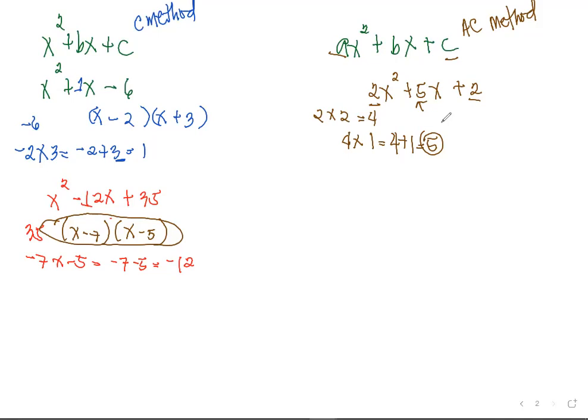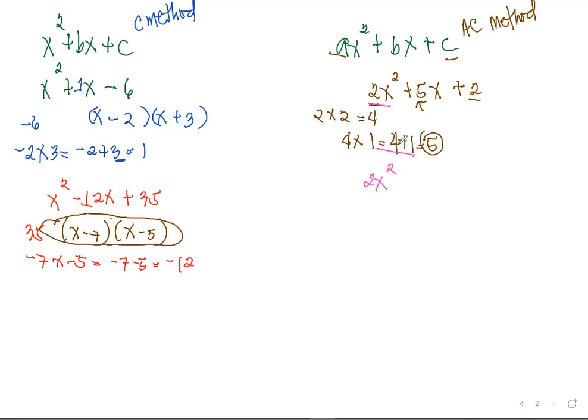Paghihiwalayin natin siya. First, to find the factor of this expression, you need to write first the first term. So we have 2x squared. And at the same time, you're going to input 4 plus 1 times x.